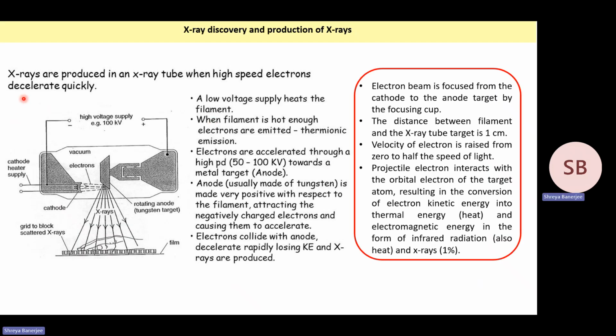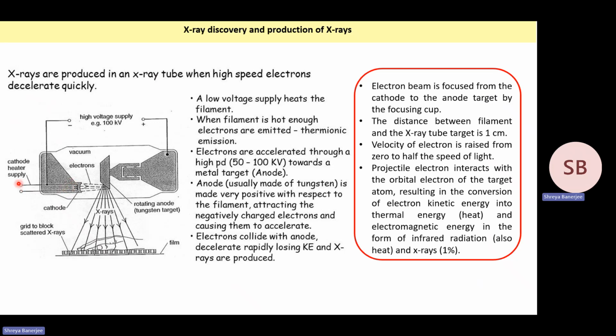I will revise what we just started in the previous class, that is how X-rays are produced. There is an instrument called an X-ray tube where there are high-speed electrons which slowly lose their acceleration. Here you have a heat supply and a cathode that is heated.